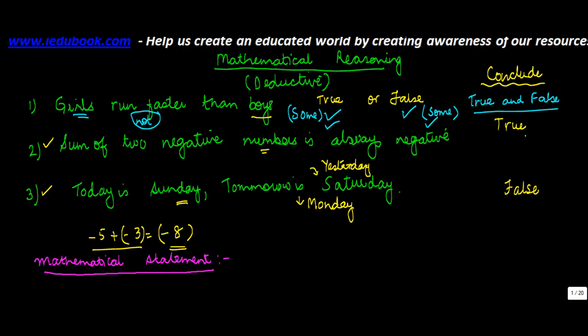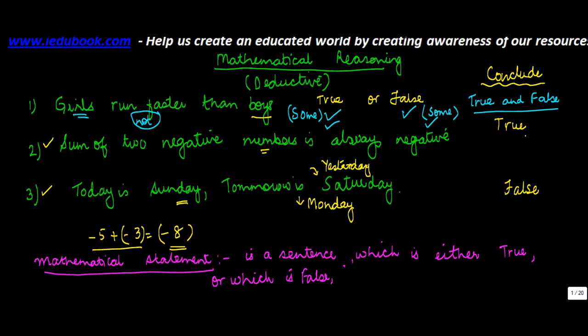A mathematical statement basically is a sentence which is either true or which is false, but which cannot be both true and false.